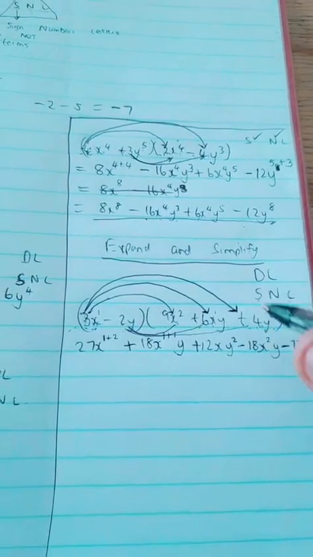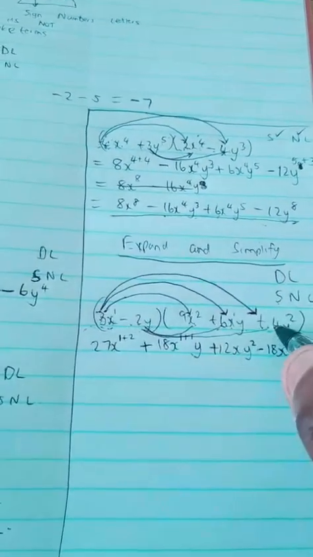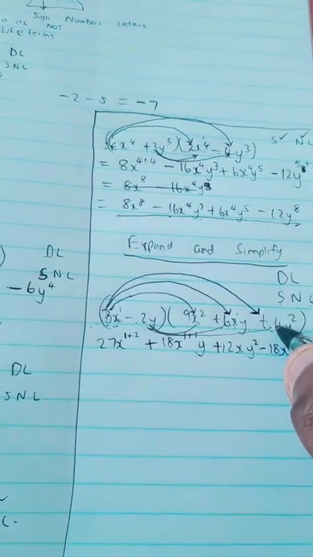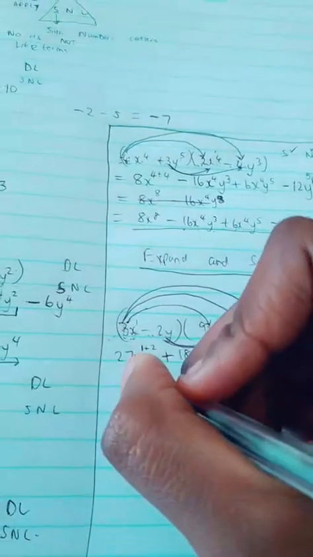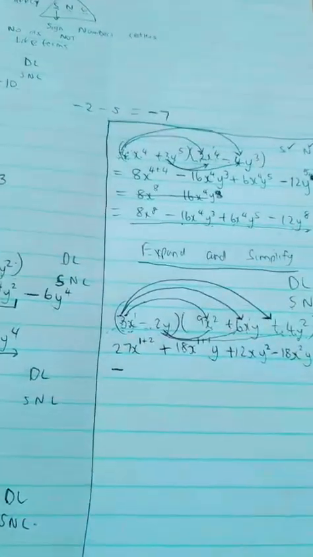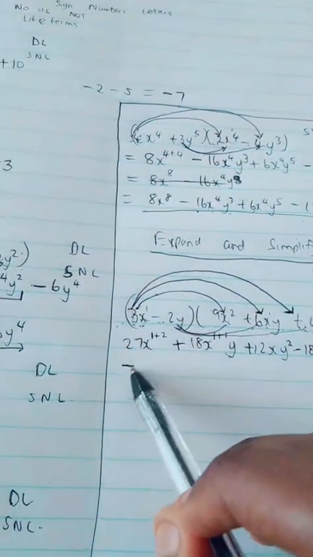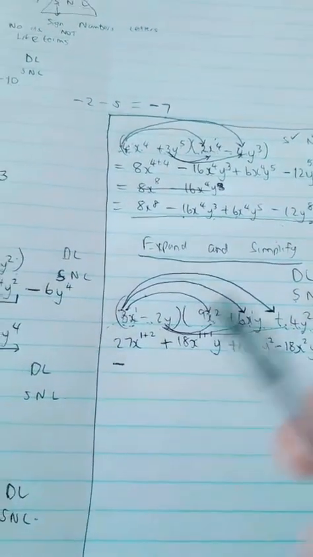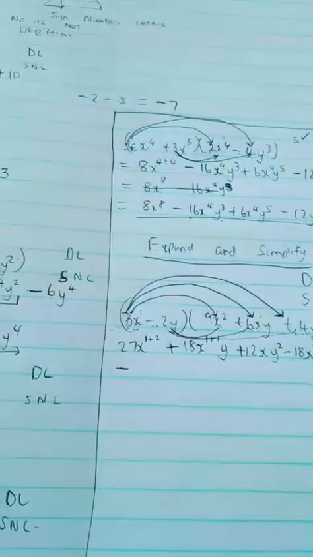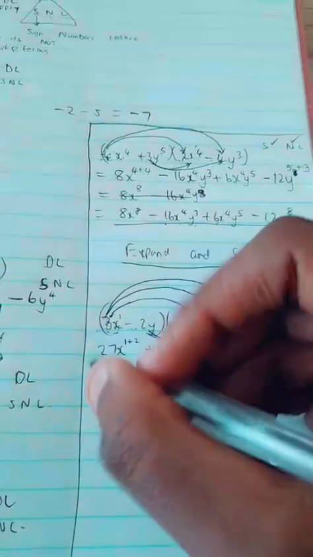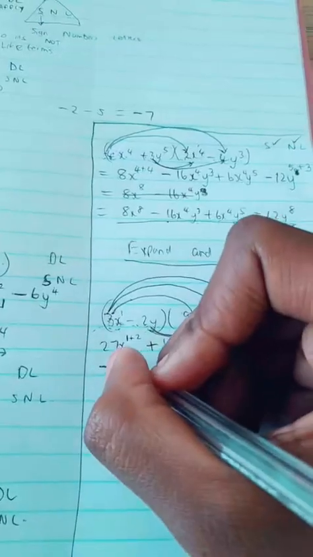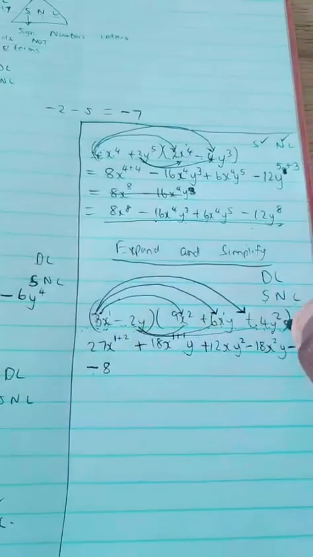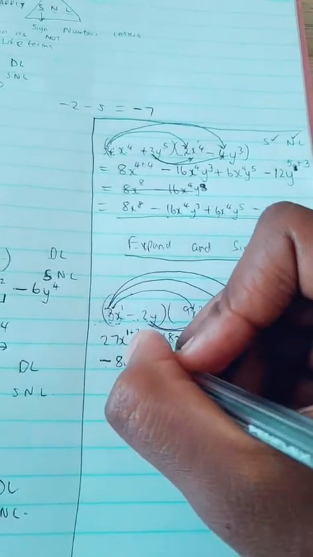And then the very last term, negative 2y times 4y squared. Negative times a positive is negative. Please, people, this would be on one line. It's just that I'm having to use this one because I did not really see. Negative times a positive gives negative. 2 times 4 is 8. Y times y squared gives y to the power 1 plus 2.